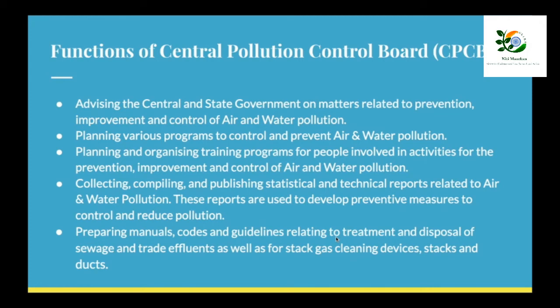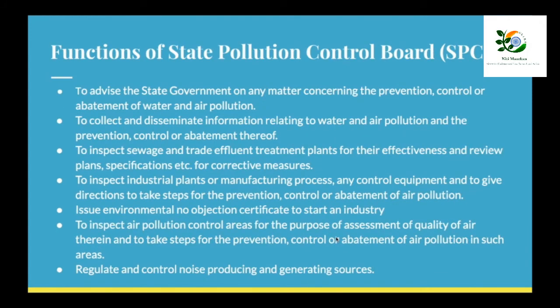Now, moving on to the functions of the State Pollution Control Board. The main function is to plan and execute a comprehensive program for prevention, control, and abatement of water and air pollution. The board also advises the state government on various matters pertaining to prevention, control, and abatement of water and air pollution.